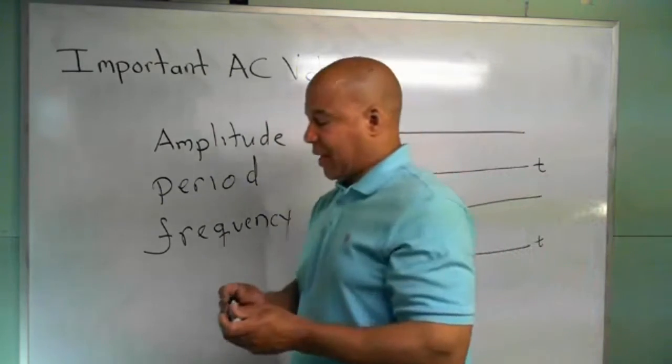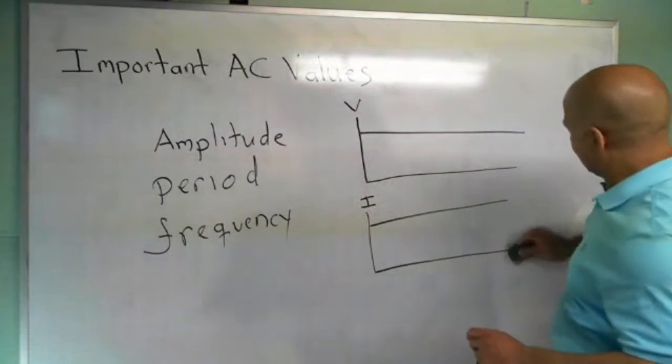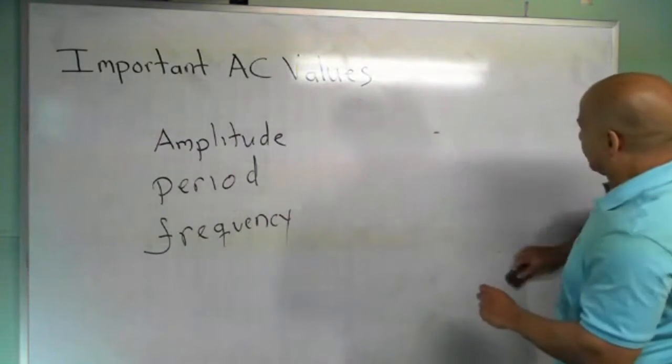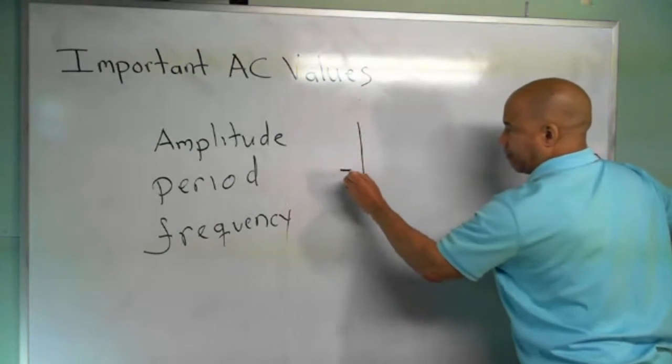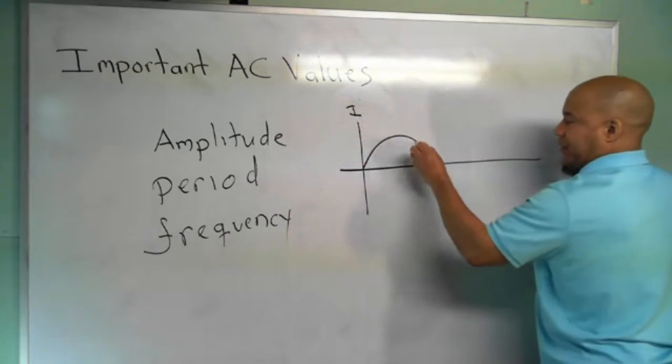If I were to draw the same type of graphs for AC, I have to draw them like this. AC, let's say current, I would draw like this.